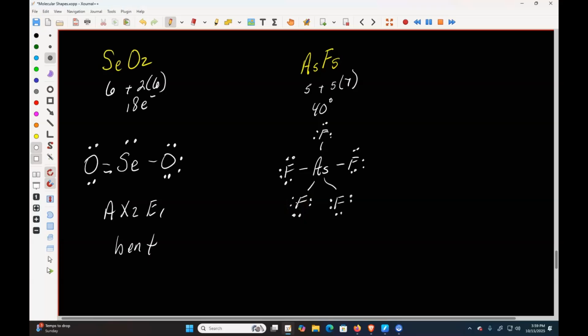I got 5 times 8 is 40. So I have an AX5E0. This will give us a trigonal bipyramid.